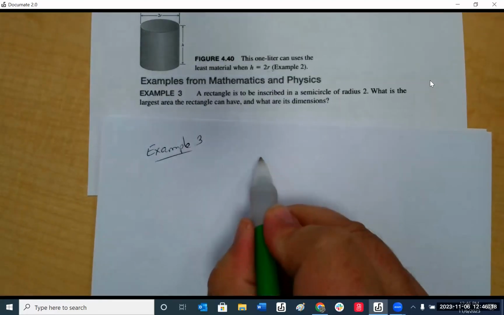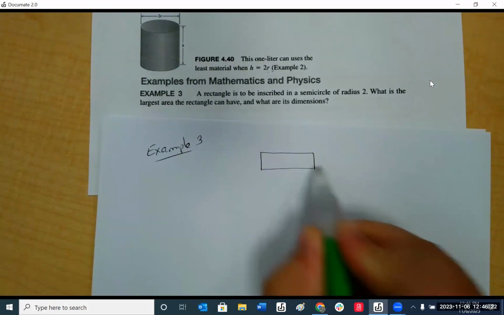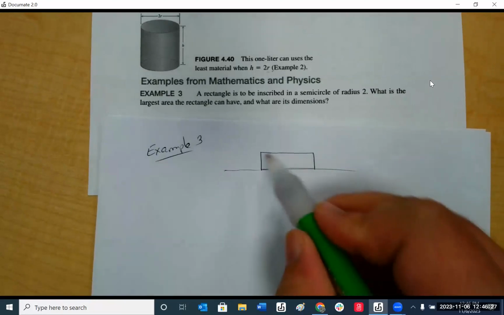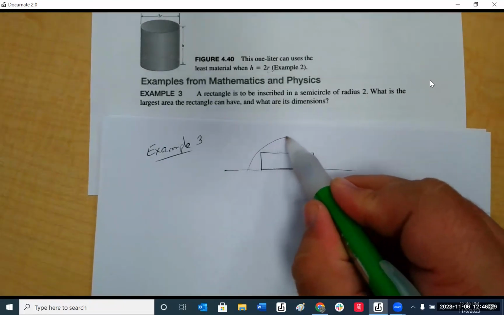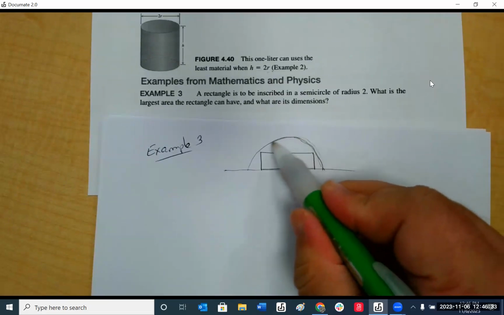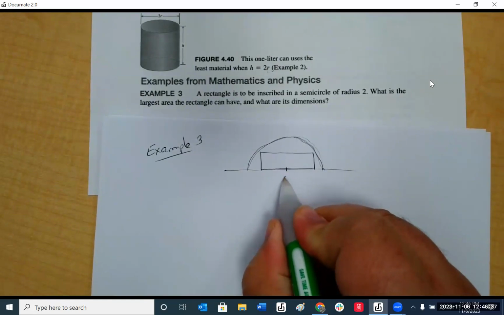So a rectangle is to be inscribed in a semicircle of radius 2.